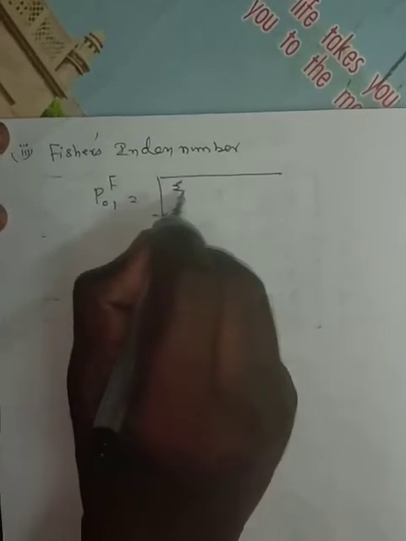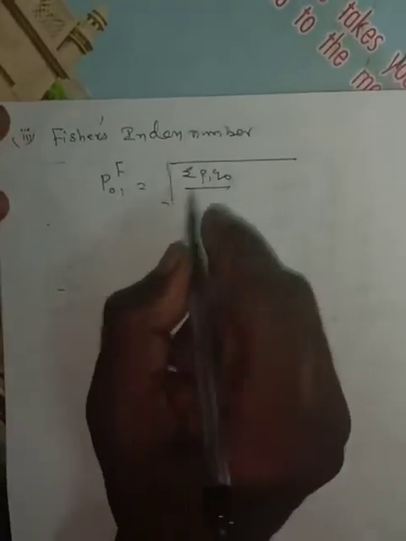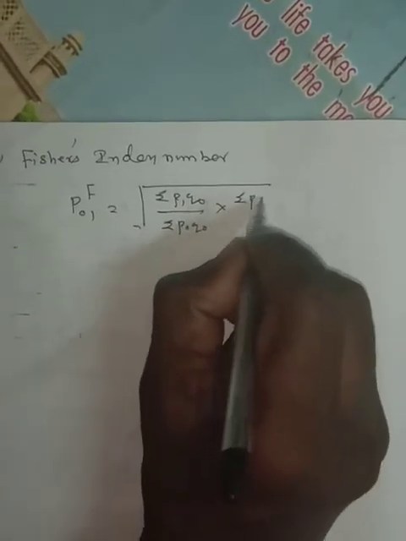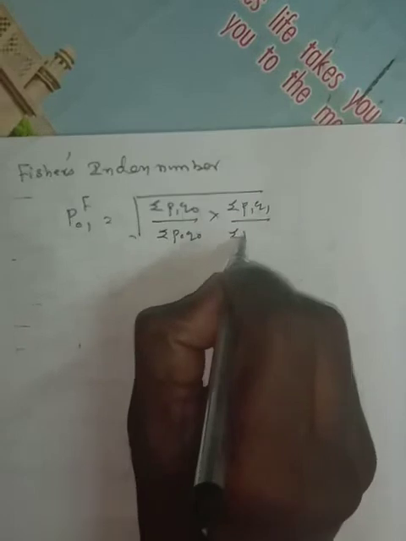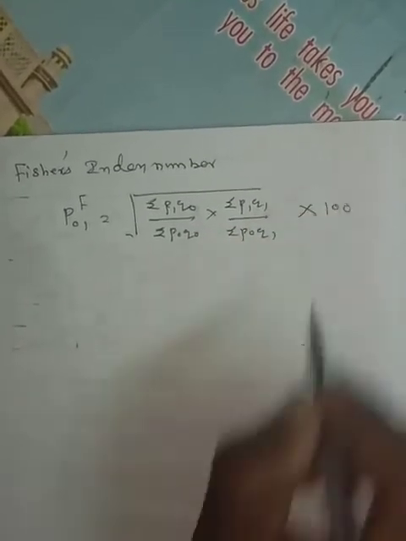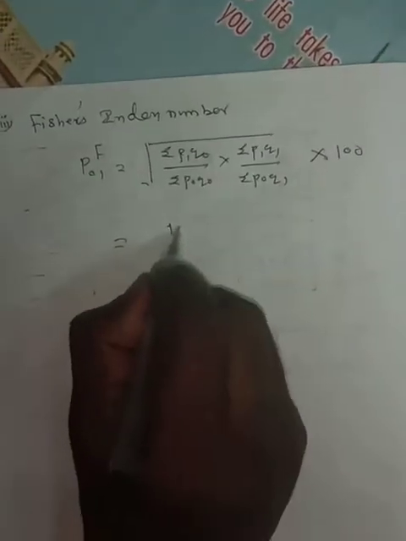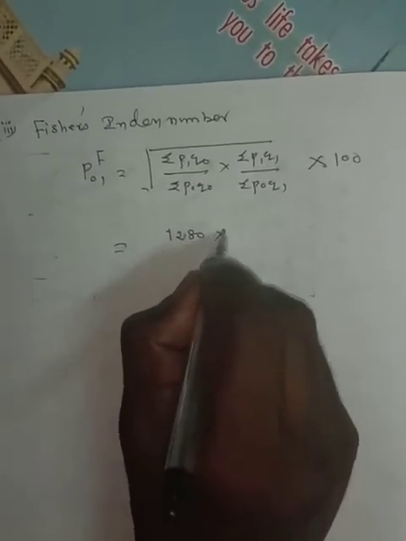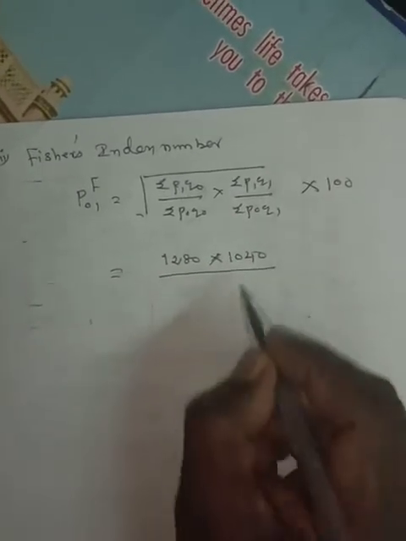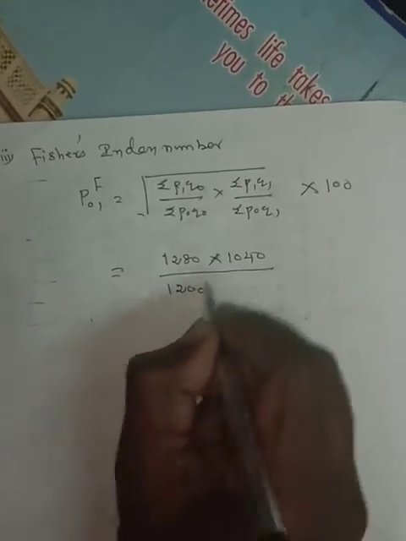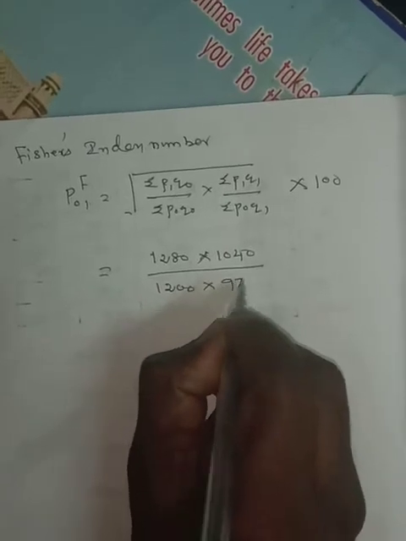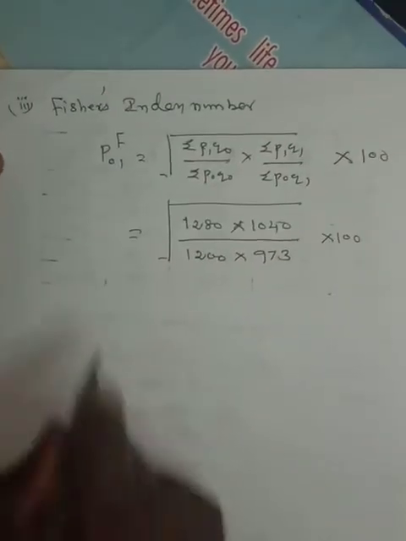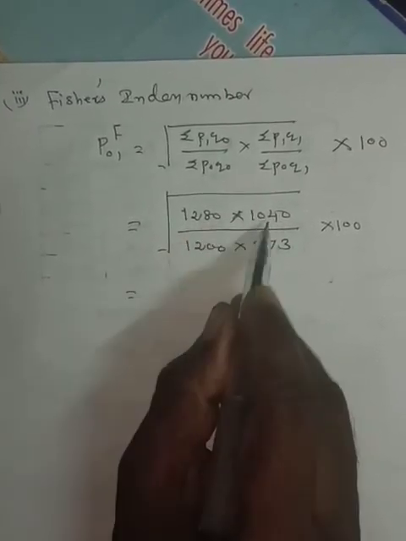Sum of P1 Q0 divided by sum of P0 Q0 into sum of P1 Q1 divided by sum of P0 Q1 into 100 is equal to 1280 divided by 1200 into 1040 divided by 973 into 100, is equal to the product of these two numbers using calculator.